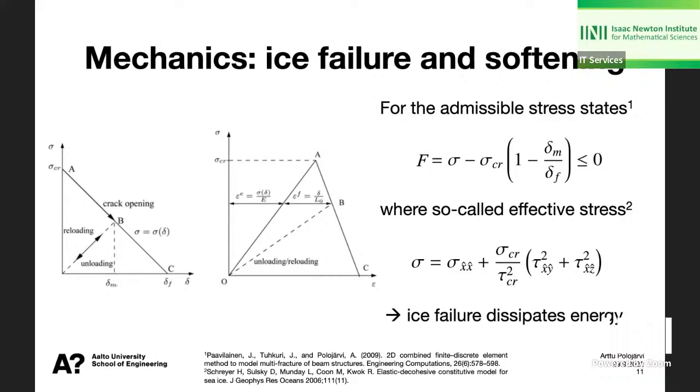In the ice, there is some kind of viscous or cohesive softening going on. Now what I'm using here is this kind of linear softening. I could, of course, go back to Jukka's and Iman's results and make this more representative for ice, but this seems to work quite well in our case.